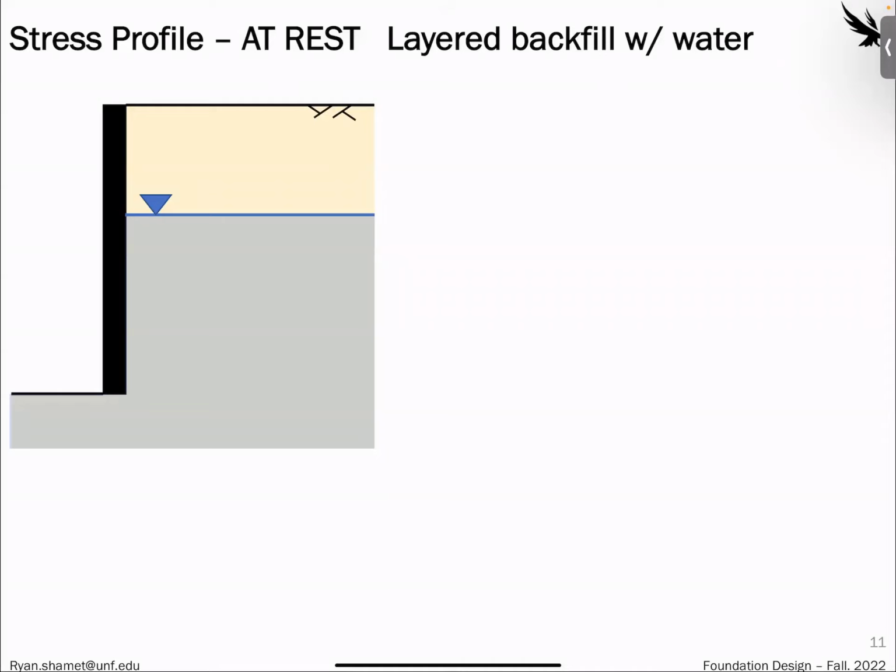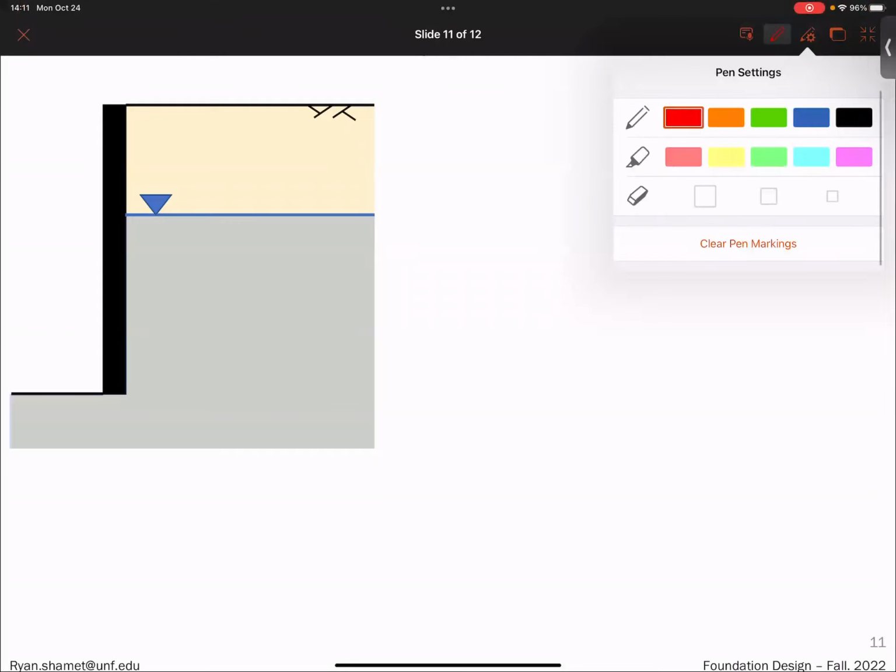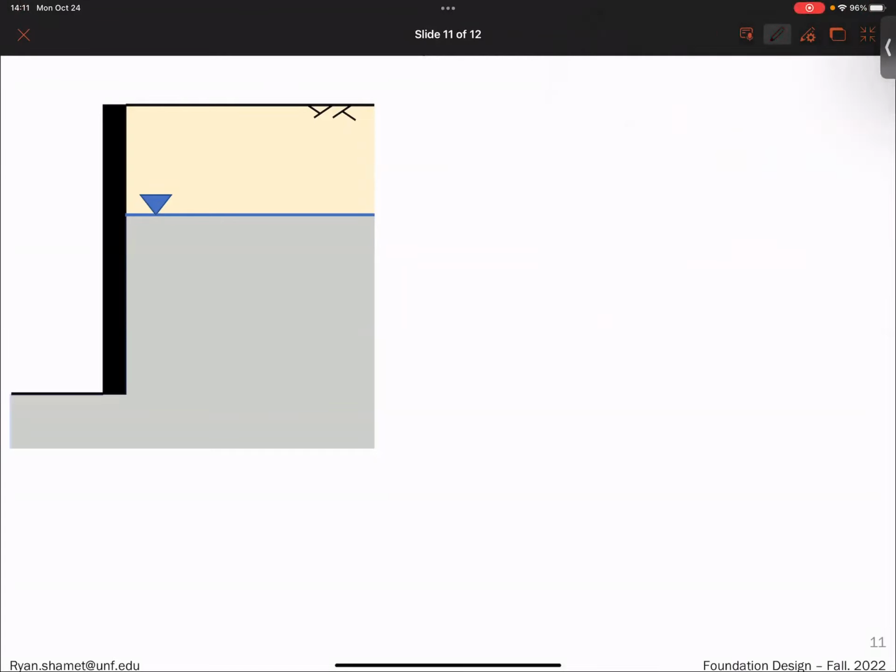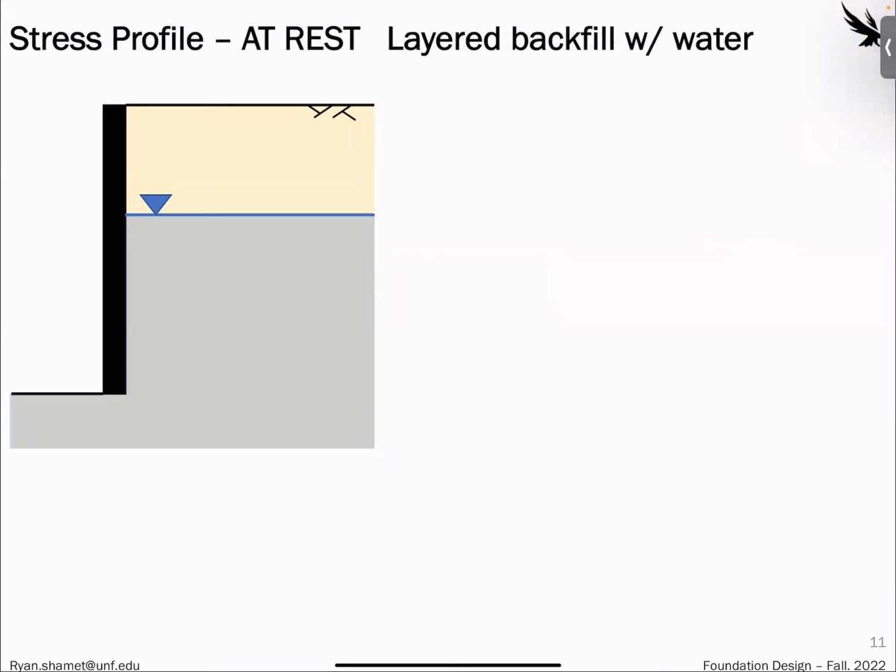And the whole thing that this changes, obviously, we'll still say this is homogeneous soil, so let's just say our at-rest earth pressure coefficients are the same. But above the groundwater table, we'll have a certain unit weight, either dry or moist conditions. And then below, we would have saturated.